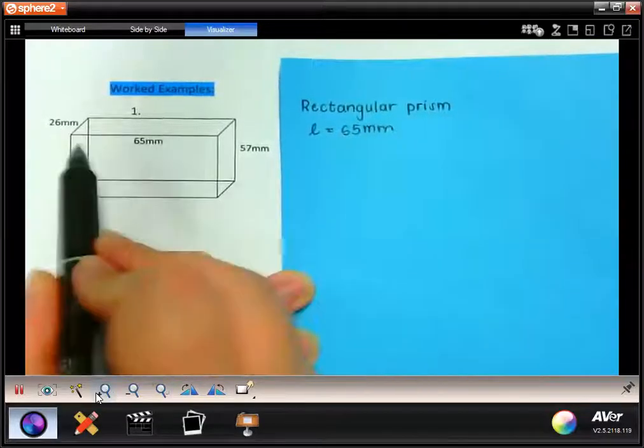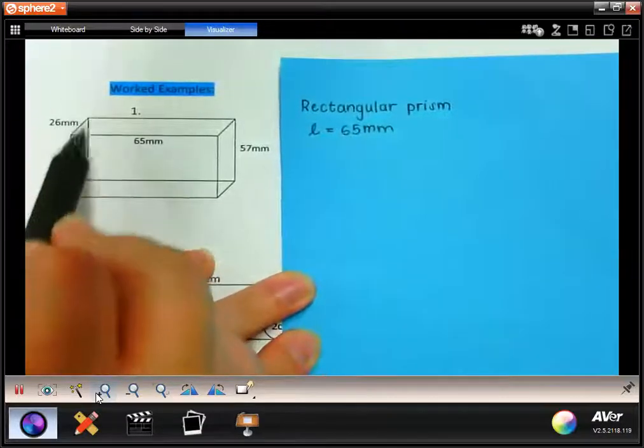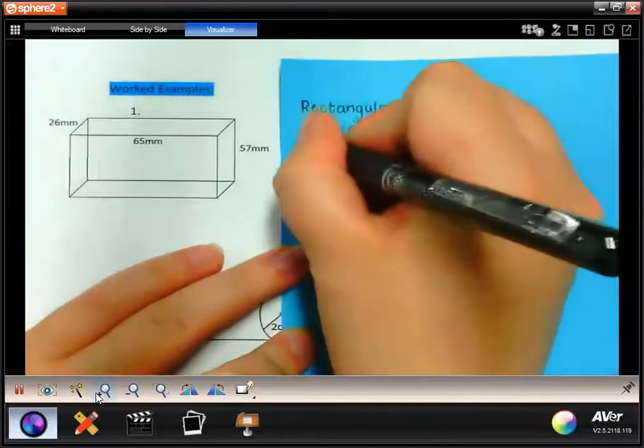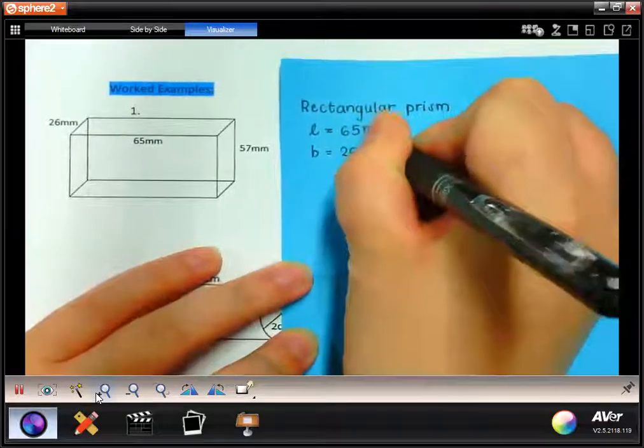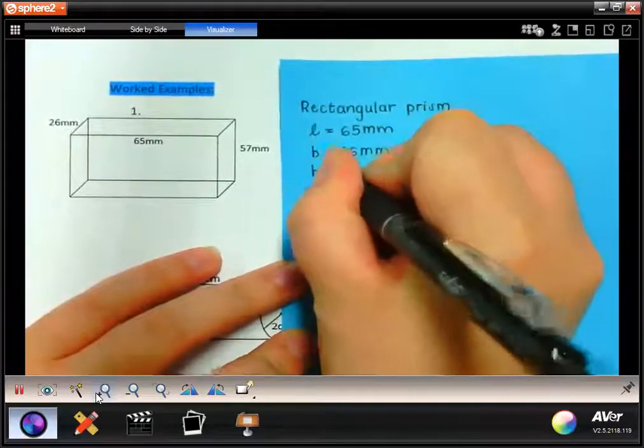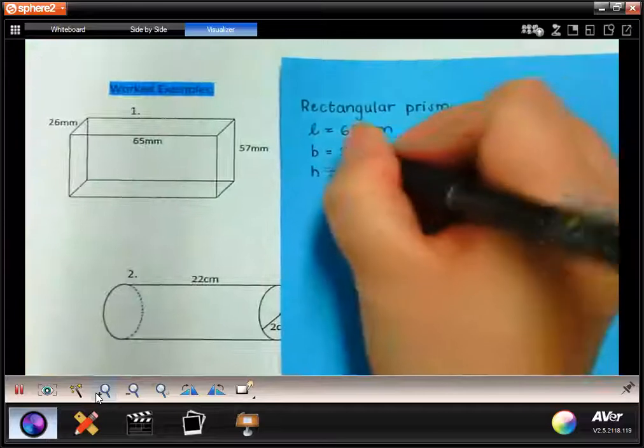All right, the length is that side over there. The breadth is 26. And the height of the whole prism is 57 millimeters.